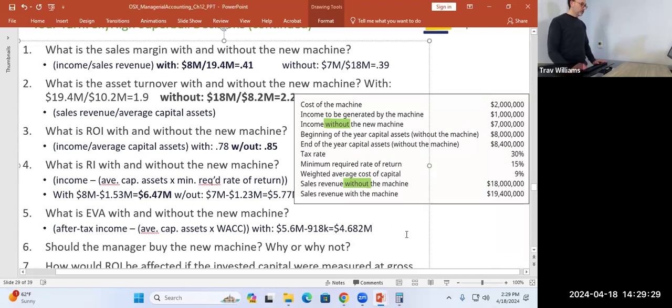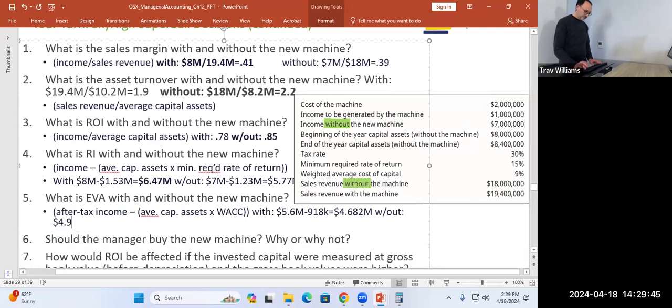Okay, compared to without the machine. Again, we take our income, we multiply it by 70%. So that's going to be 4.9 million. Then we subtract from that average capital assets without the machine, which was 8.2 million. Did I use 10.2 on the last one? Or 8? I did, good, okay.